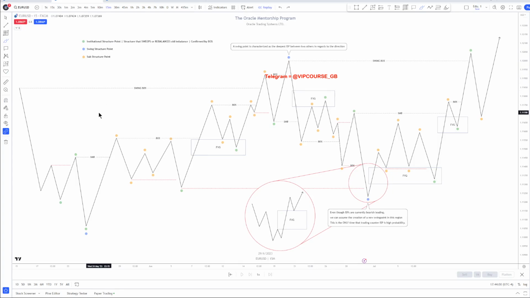And as you'll learn shortly, if you don't already know, institutional structure points monitor the flow of orders, or in other words, order flow. Whereas swing structure simply monitors the higher time frame direction and higher time frame order flow.